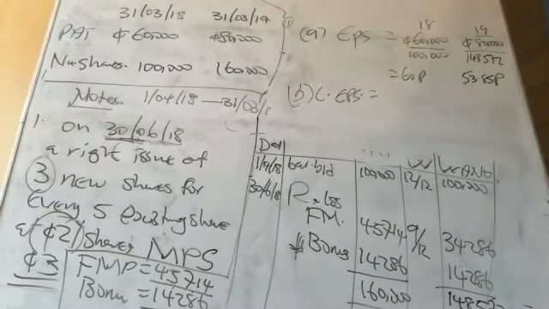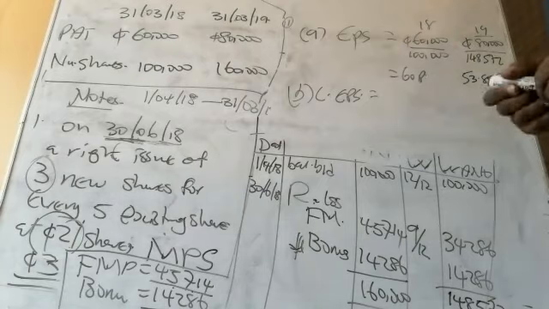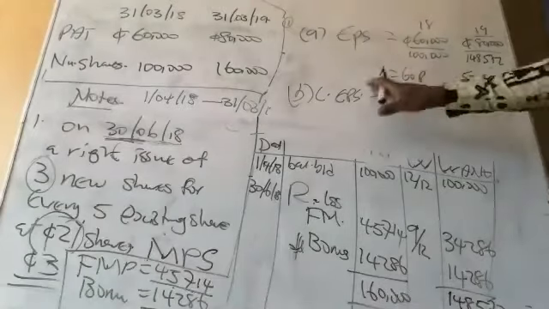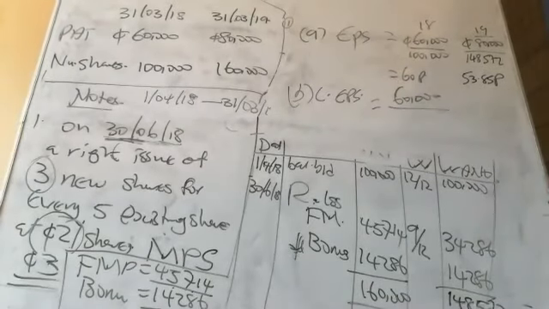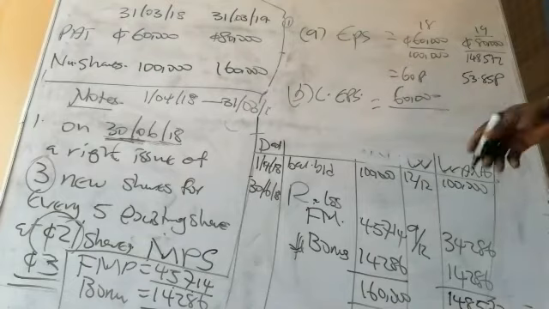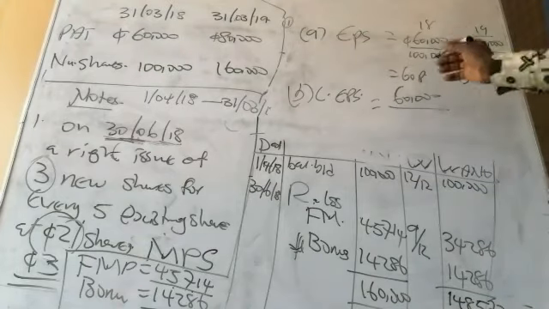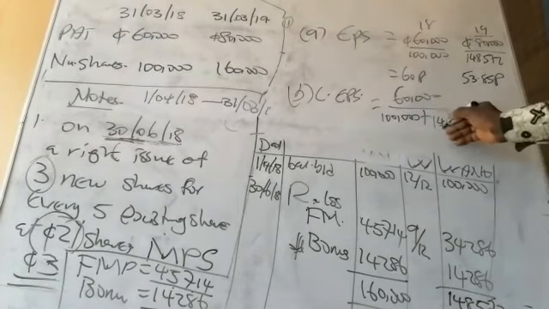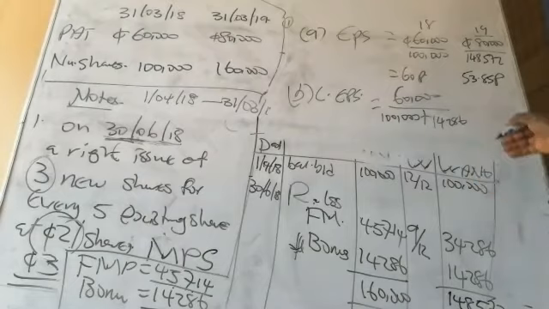So let's see. The 2018 profit after tax is 60,000, divided by the number of shares, 100,000 plus the bonus element of 14,286. Now you can compare. 60,000 divided by 114,286 gives us 52.50.